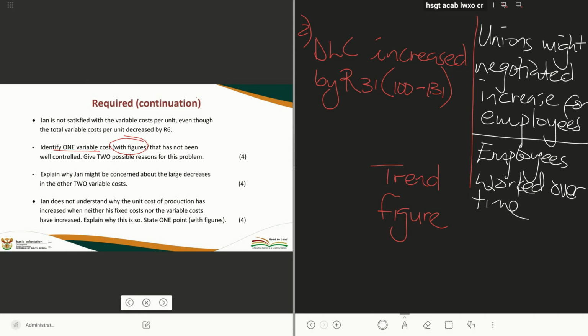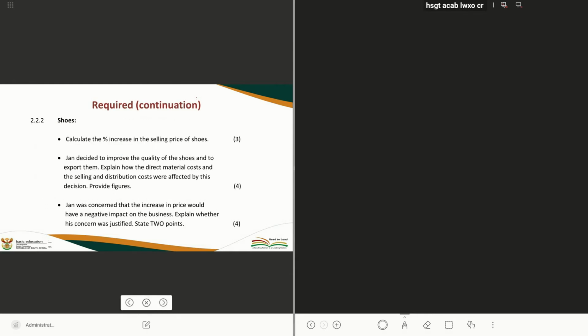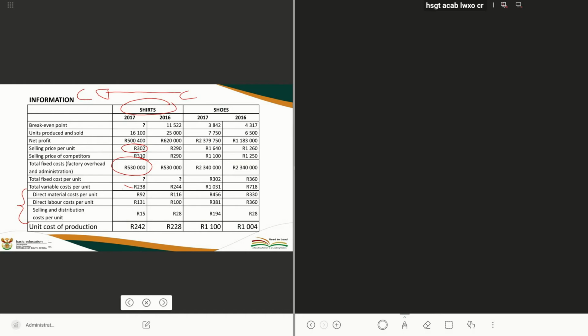Then the next question, they say, explain why Jan might be concerned about the large decrease in the other 2 variable costs. Remember, we spoke about 1 variable cost. So it means you'll be left with the 2 variable costs. Which are those? Let's check. It means that is your direct material.